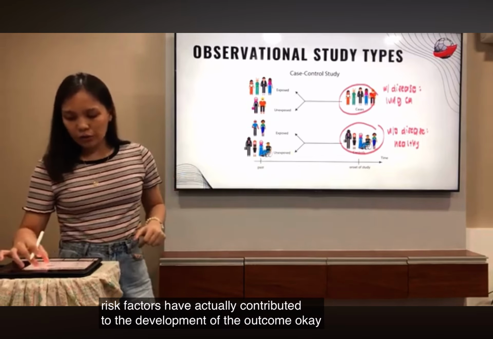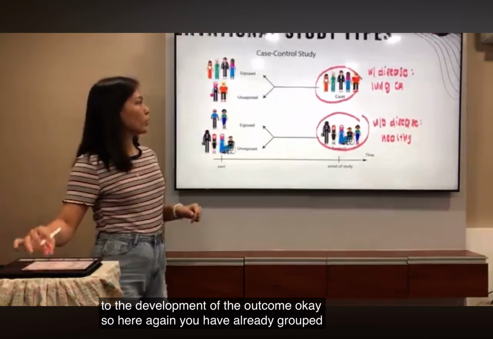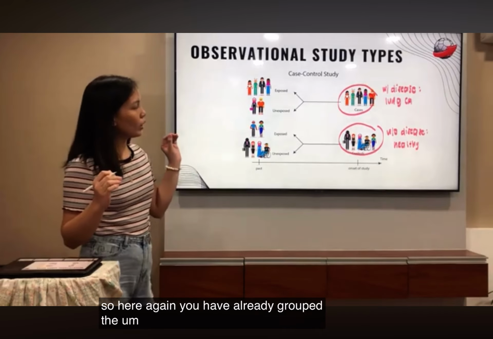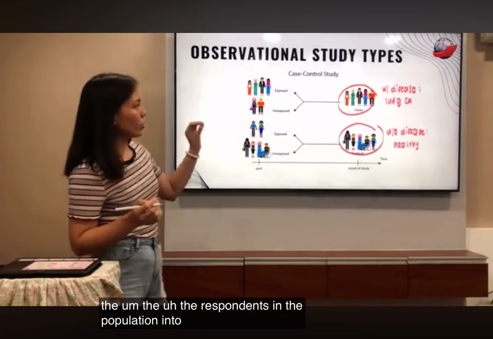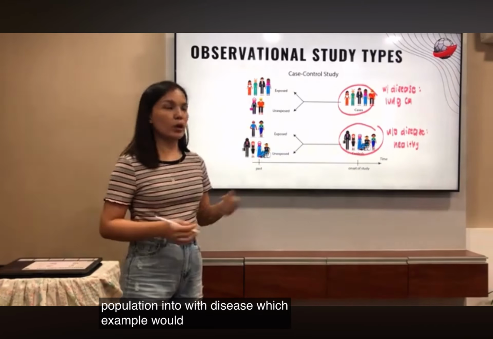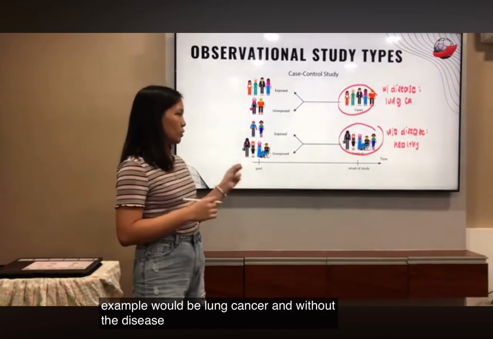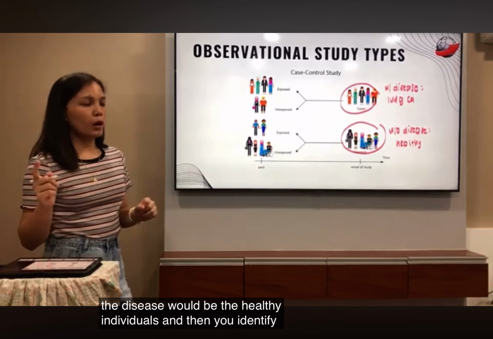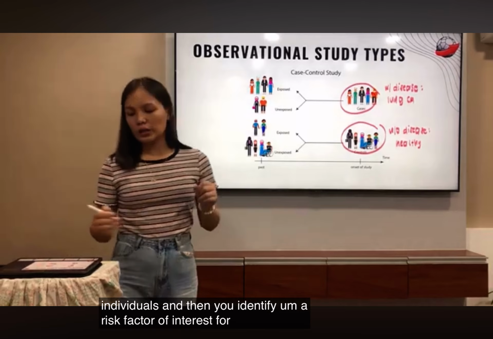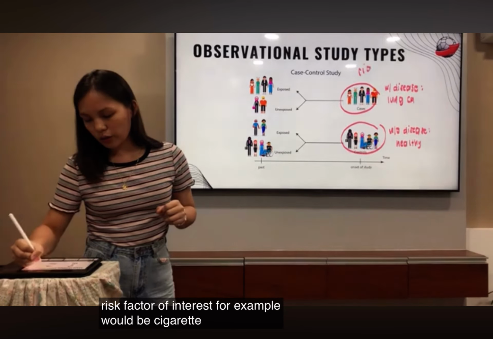So here again, we have already grouped the respondents in the population into with disease, for example lung cancer, and without the disease, the healthy individuals. And then you identify a risk factor of interest, for example cigarette smoking.